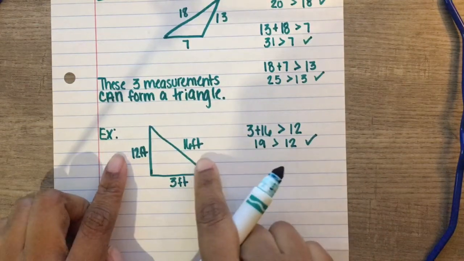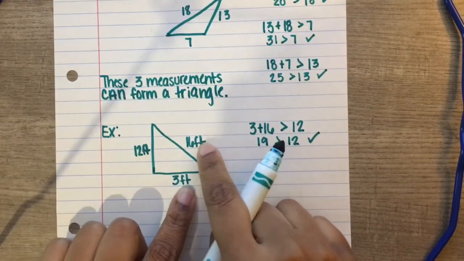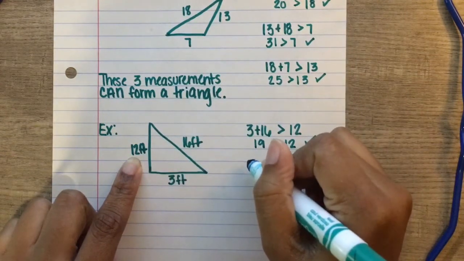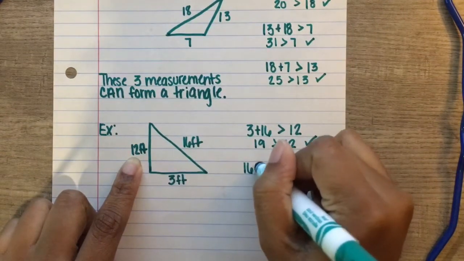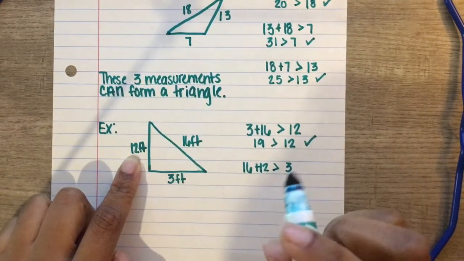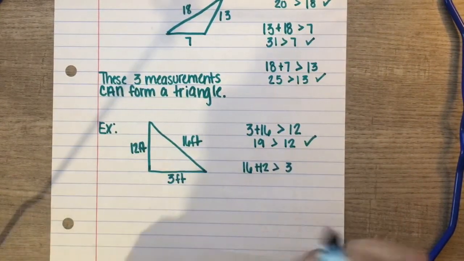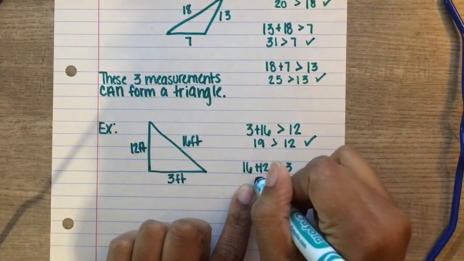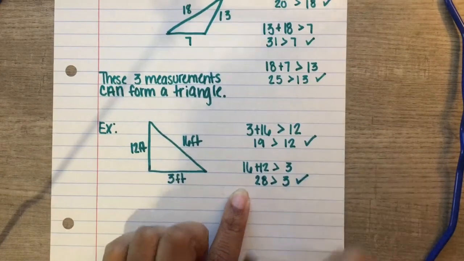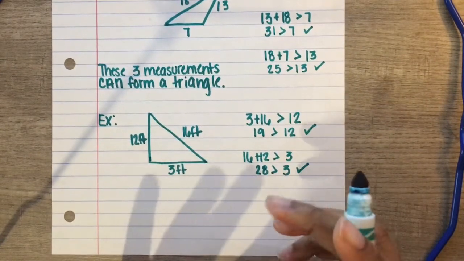Okay, so then next, I did these two, so I'm going to go around and do these two. 16 plus 12 has to be greater than 3. Well, we already know right away those are greater, but let's do the math. So 28 is greater than 3. So that works. So far, so good.